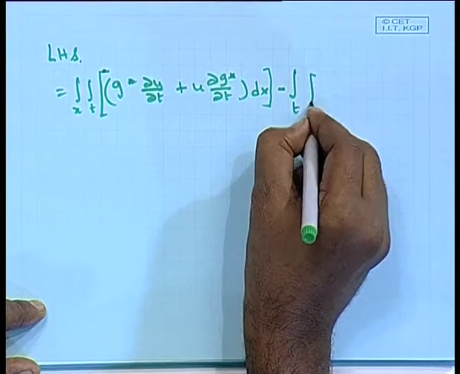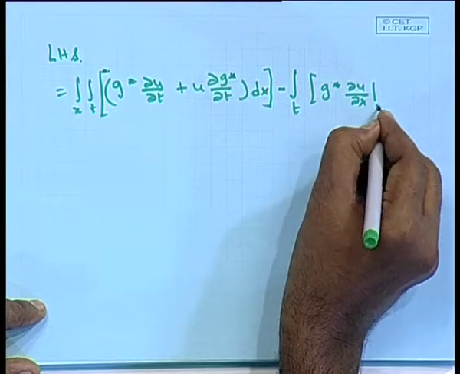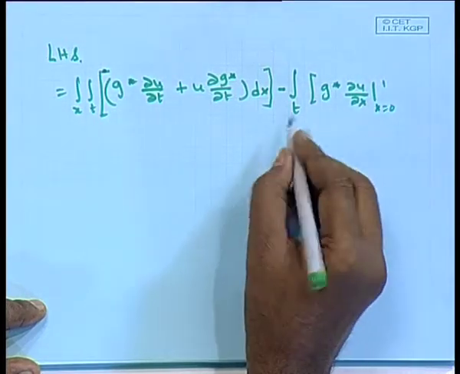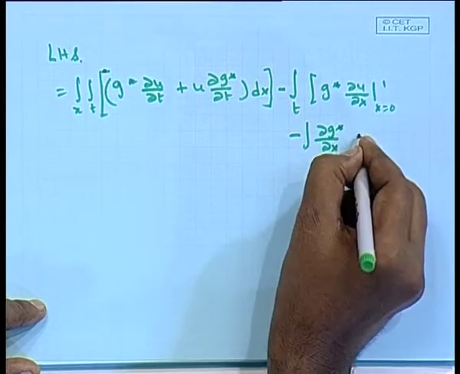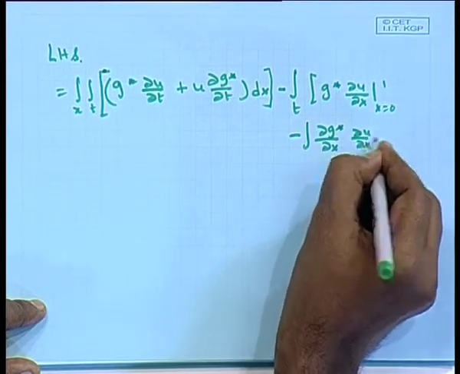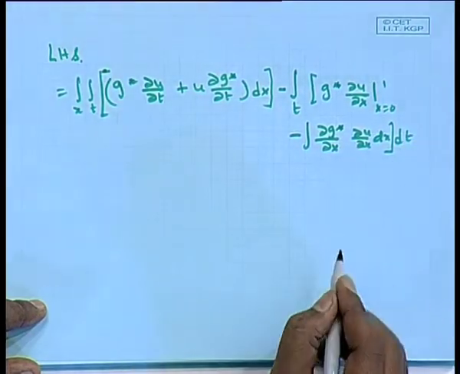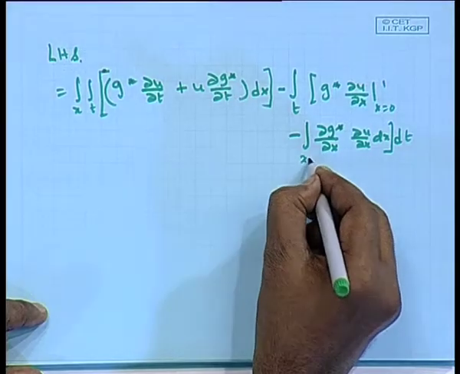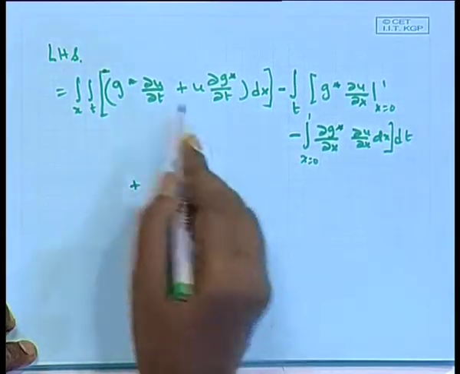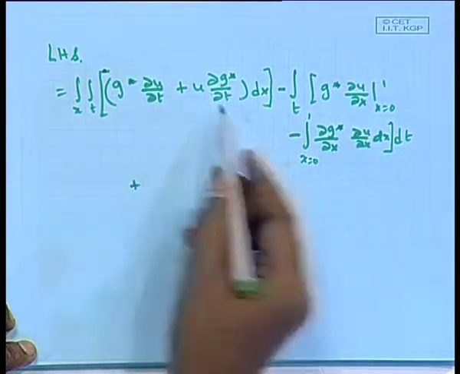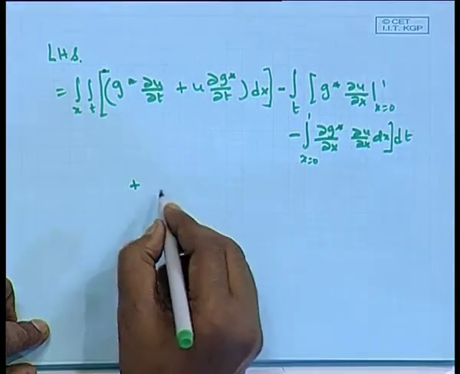Minus first function G star del u/del x, x equal to 0 to 1, minus integral del G star/del x del u/del x dx. This integration is over x from 0 to 1. The second term, there will be 4 terms. So these two will be combined here, one is simplified here, another I am going to simplify by parts.